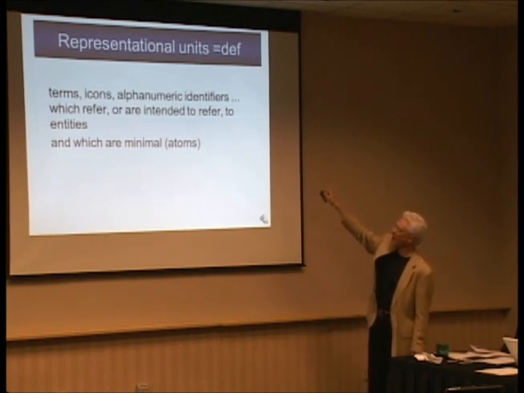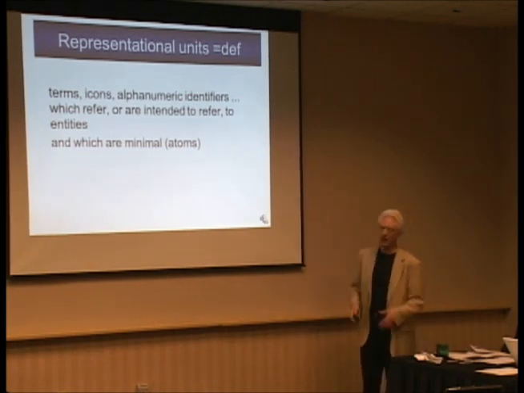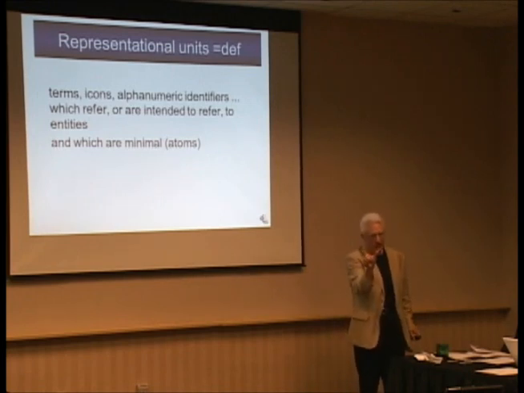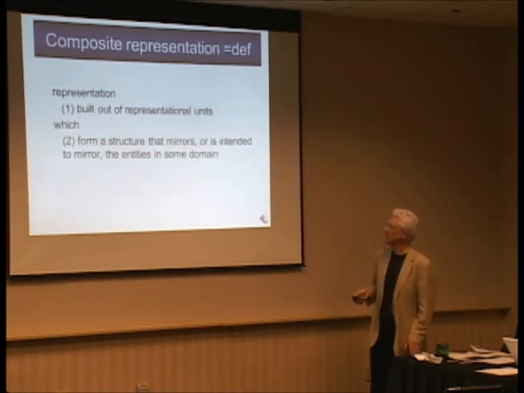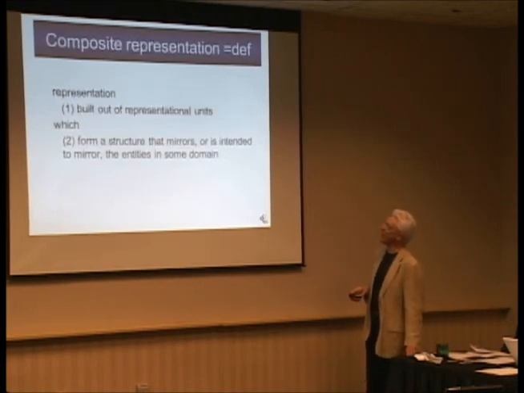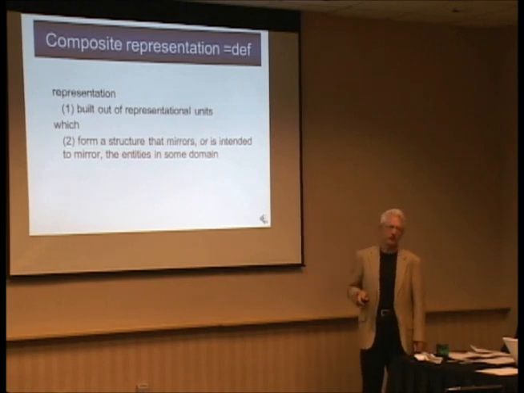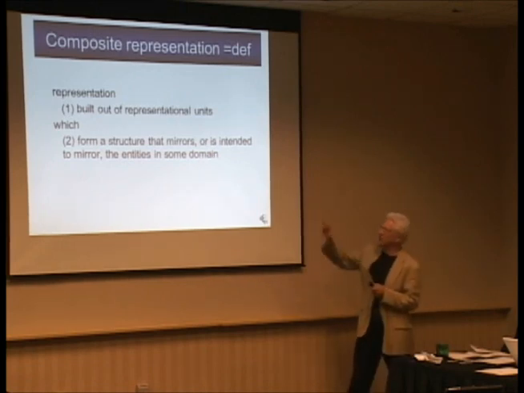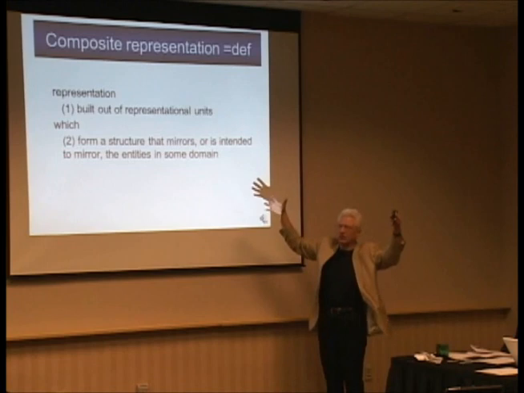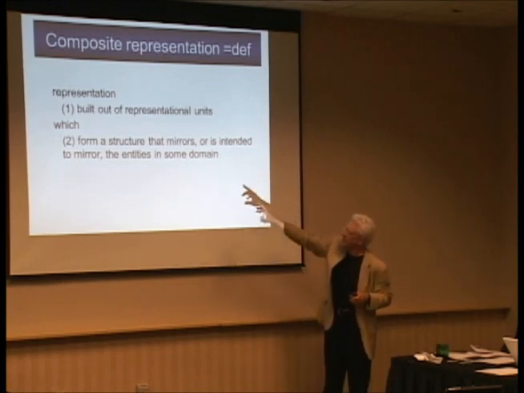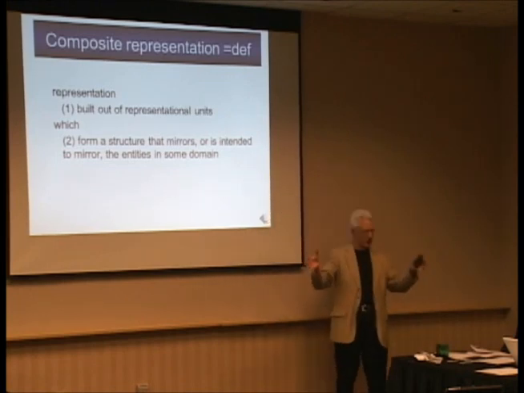Representational units are those things which are the minimal representational artifacts. They are the atoms of representation, single words. And an ontology has to be built out of representational units, and those representational units in the ontology form a structure that mirrors the structure of the corresponding domain.